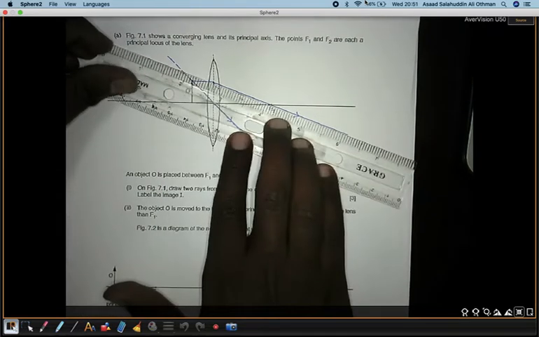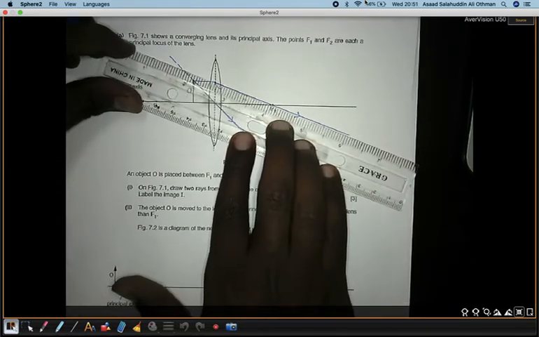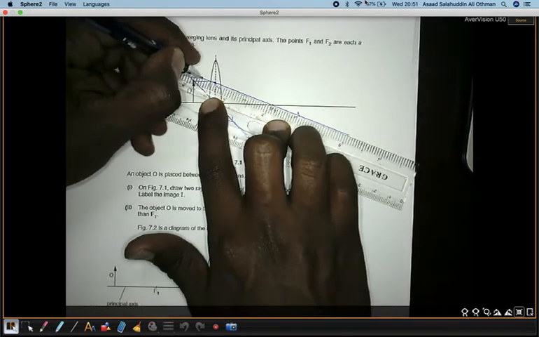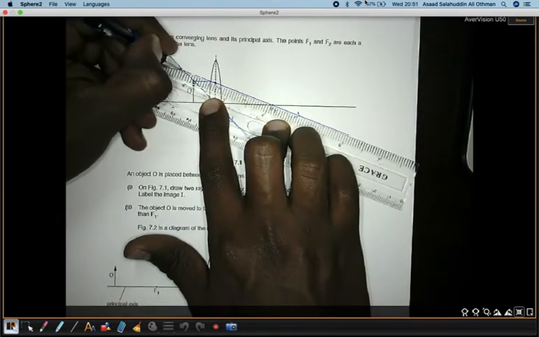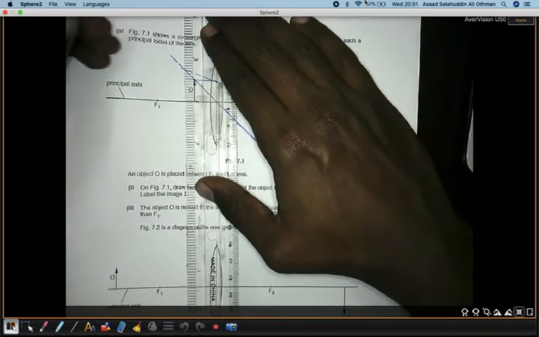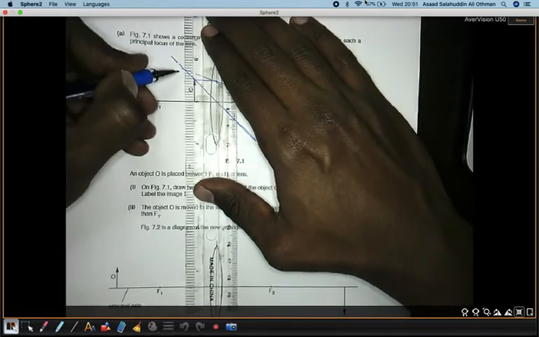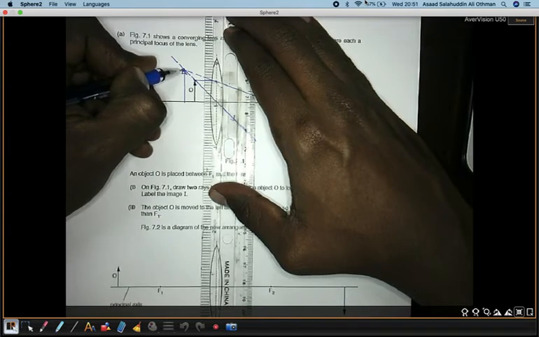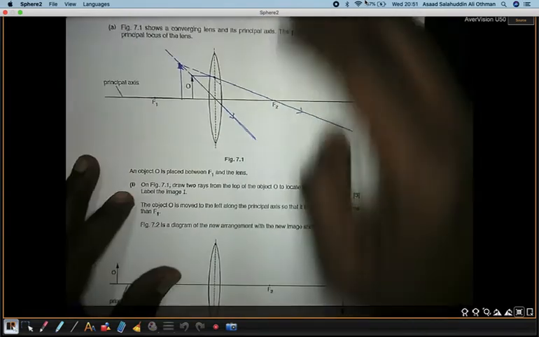People, you also have to practice drawing images for diverging lenses, not just converging lenses. Where the rays meet, you draw your image. The image is going to be up here.